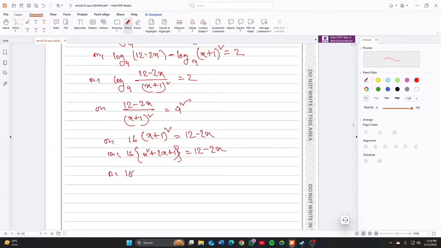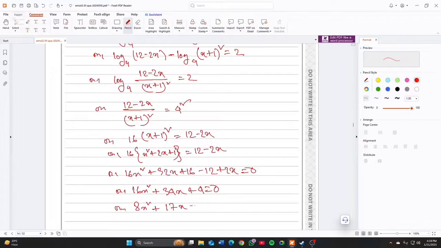Or 16x square plus 32x plus 16 minus 12 plus 2x equals 0. Oh no, I made a mistake, 32 plus 2x would be 34x, and 16 minus 12 is plus 4 equal to 0, or we can take 2 common. So 8x square plus 17x plus 2 equals 0.